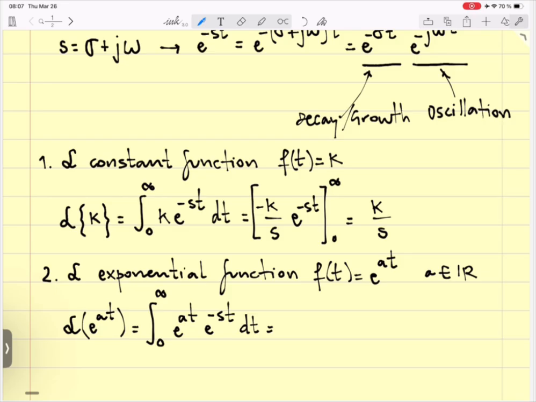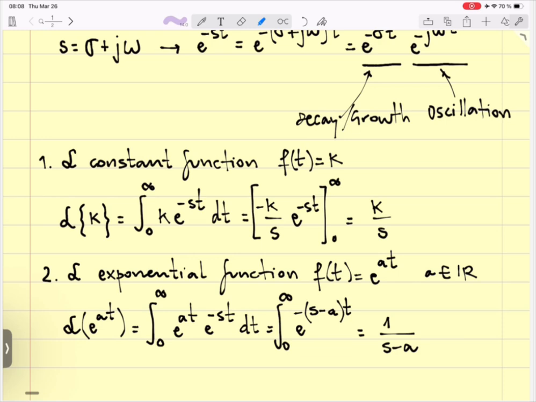And this equals the integral of e to the minus (s minus a) t, and this equals 1 divided by s minus a. So you see here there is a change of sign. Here it is with plus, and here it will appear as minus. If here it's with minus, then it will appear with a plus on the other side.